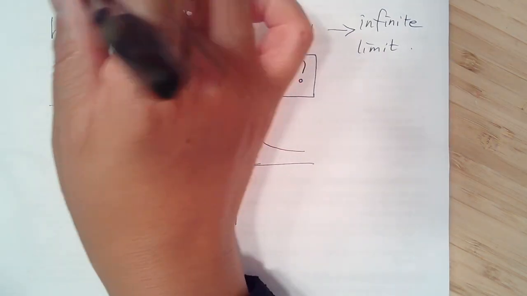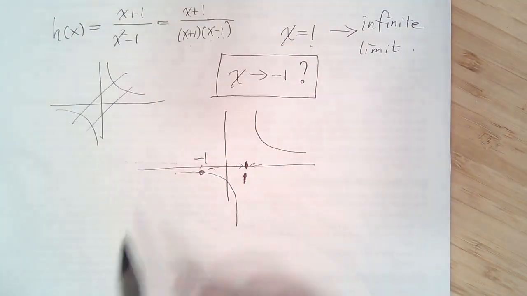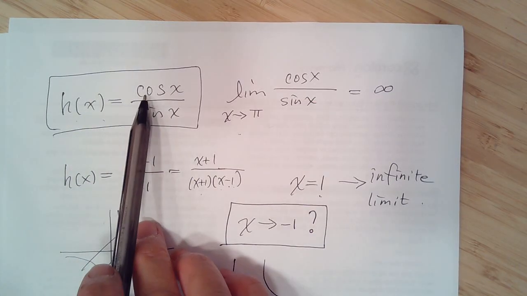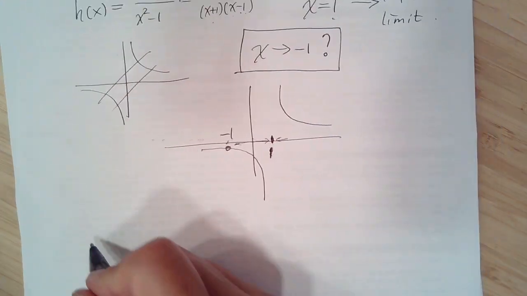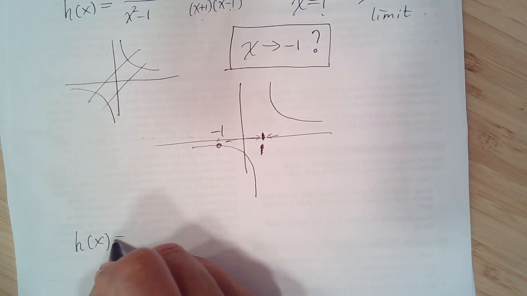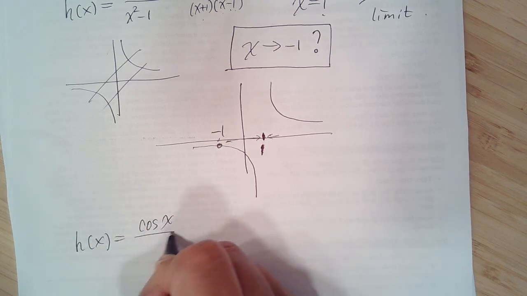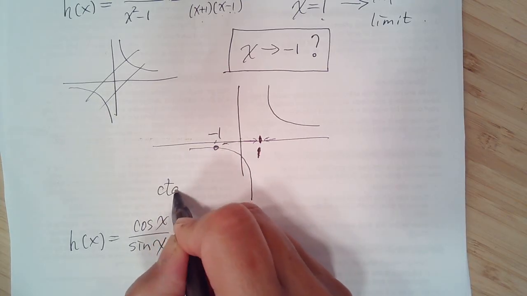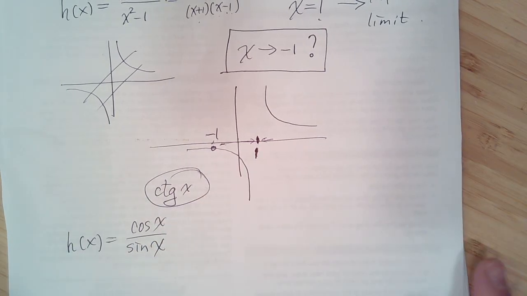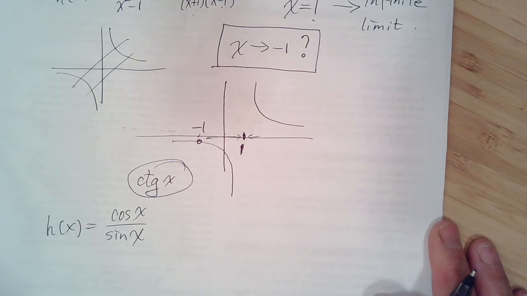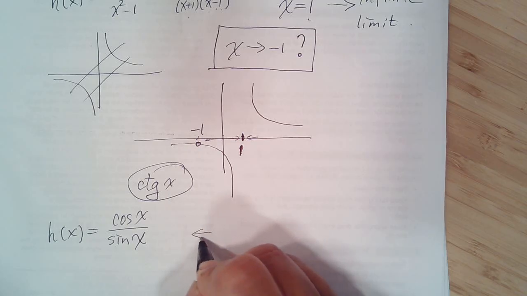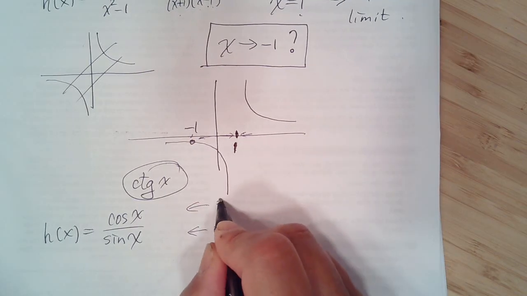Let's see, can we find this one? For this one, h of x is cosine x over sine x. This is a cotangent x, right? Can you tell me at what x value you are going to have an infinite limit, which is what x will make the denominator 0, but the numerator is not 0?